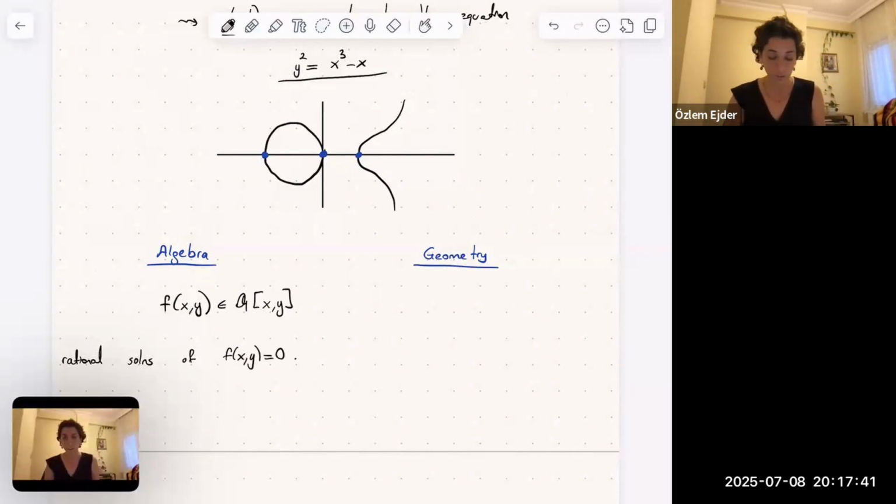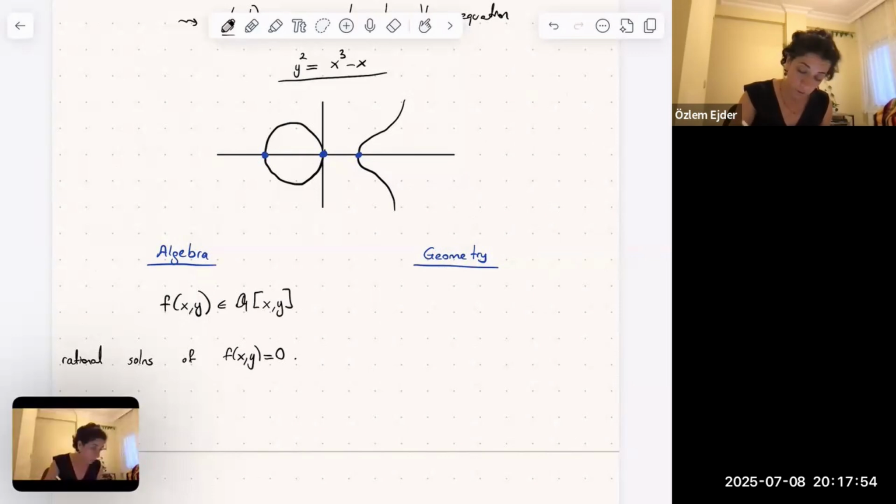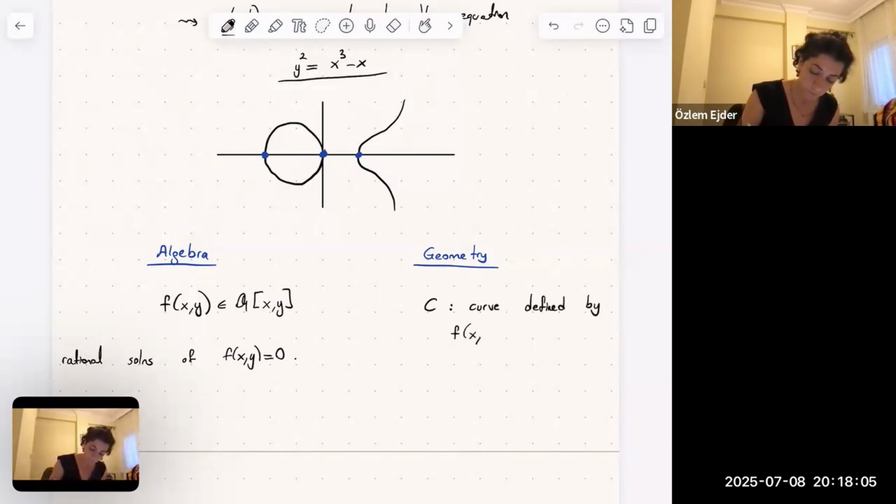On the other hand, you could do the same thing, but instead of just thinking of this as solving some polynomial equation, you're looking at some geometric shape, like a curve, and then you're looking at the points on that. So here, I'm going to think of this as I have a curve C defined by this equation.